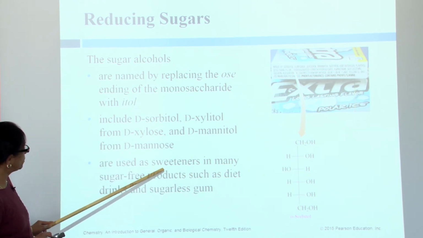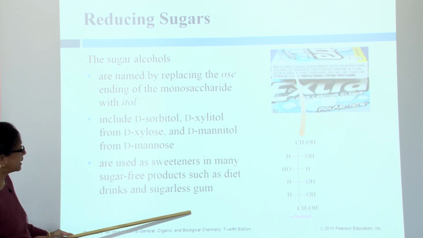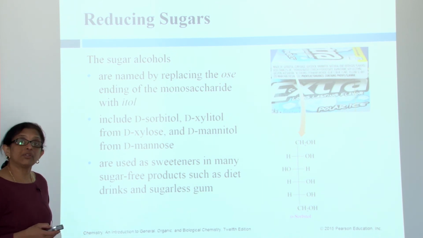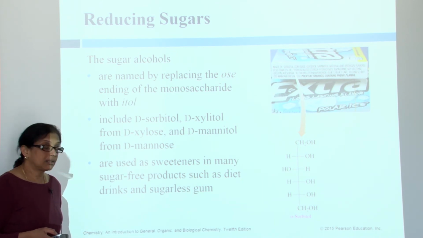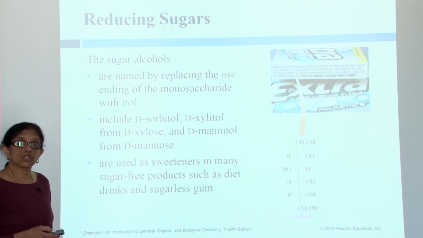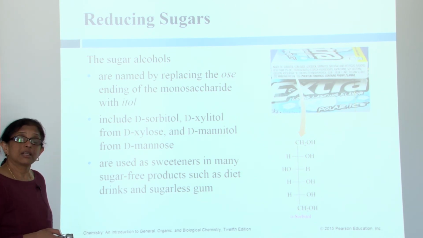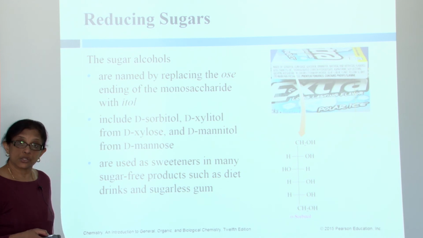They are used as sweeteners in many sugar-free products such as diet drinks and sugarless gum. By reducing the sugars and adding hydrogen, they are being used as sugar-free substitutes. So that is a very important use of those reduced sugars.